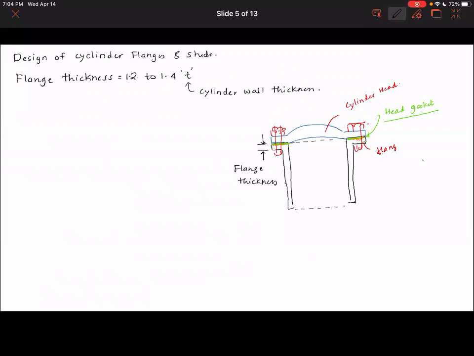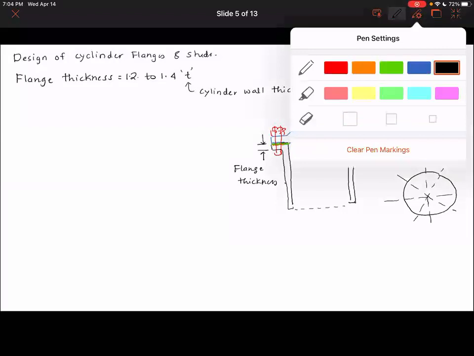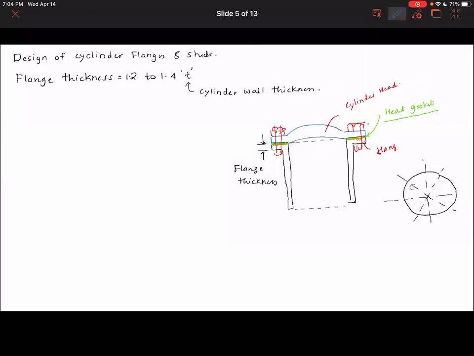Now the next part is what we want to look at is the studs. And think about the studs. So for an example, I just want to show you the top view. You're going to have the cylinder head, and on this cylinder head, symmetrically, there will be these studs.